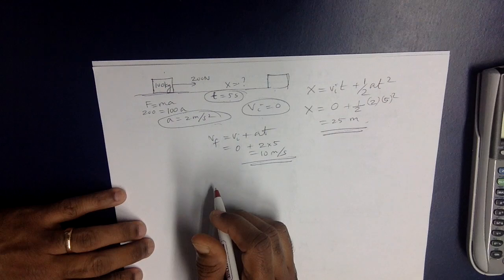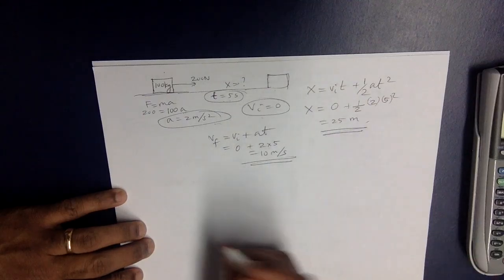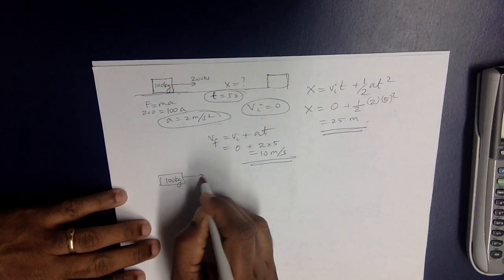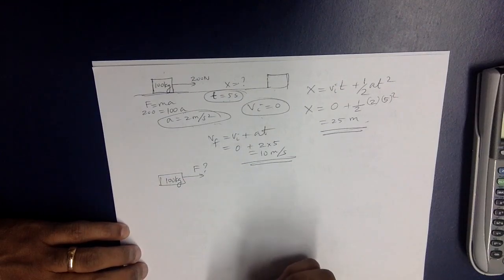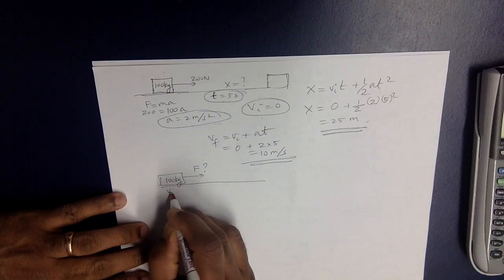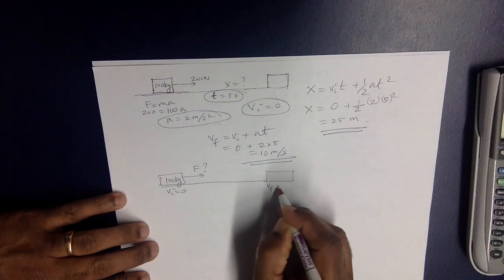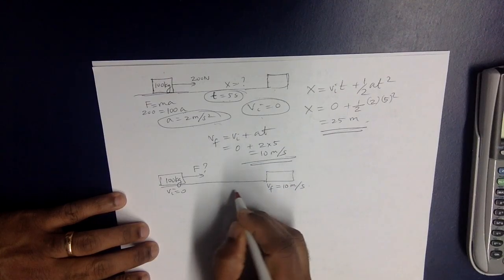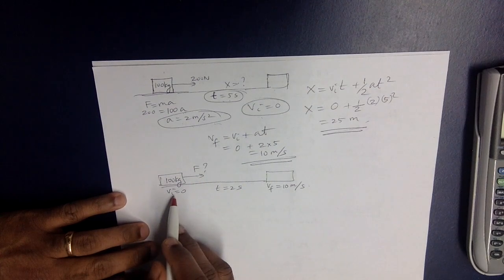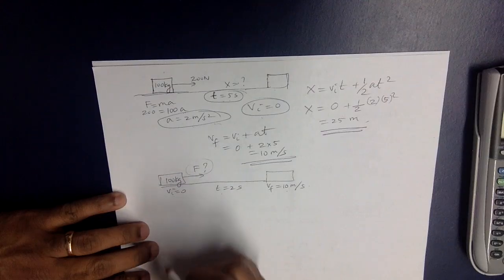On the other hand, if you're not given the force, but instead you're given the speed at the end, for example like this, it's 100 kilograms, how much force? Not given. But if you're dragging it with this force, and it starts with the initial velocity 0 and reaches the speed of vf = 10 meters per second in a time of, let's say, 2 seconds, how can you find this force?